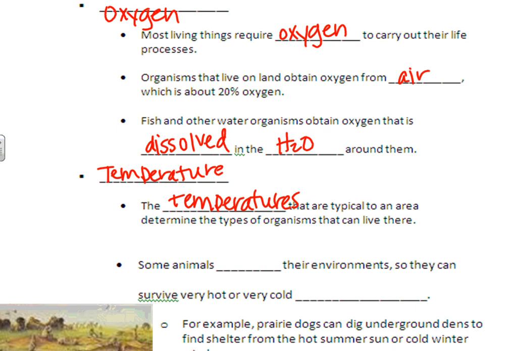When we study biomes starting in December, you're going to see that the biome is classified based on its temperature and also how much precipitation it gets, its climate. So there's certain animals that live in those different biomes that you'll study. Now, some animals are able to alter their environments or change. So alter means change. So they can survive very hot or very cold temperatures.